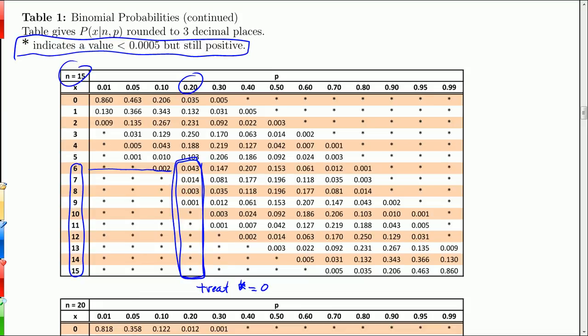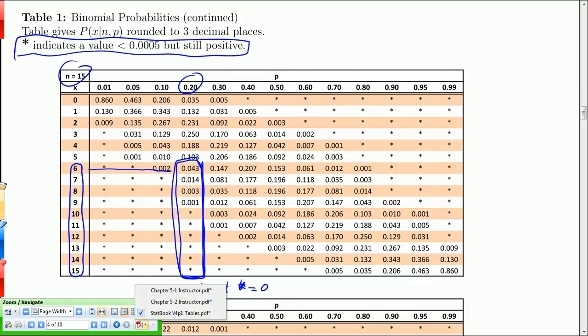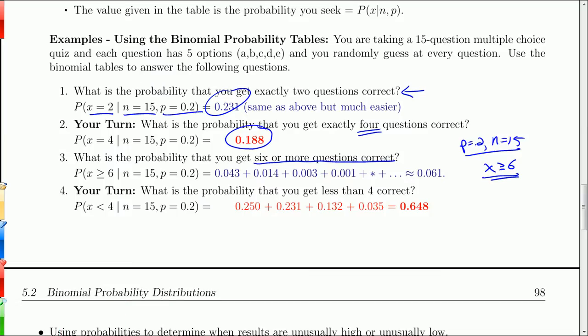Because look, we can get 6 or 7 or 8 or 9, on and on, correct. So when you see the word or, you start adding. So we'll add all these up, 0.043, 0.014, 0.003, 0.001. And when you do that, you get 0.061.